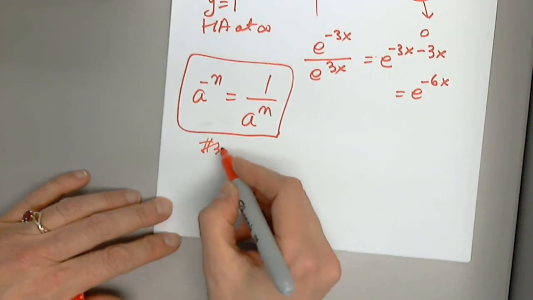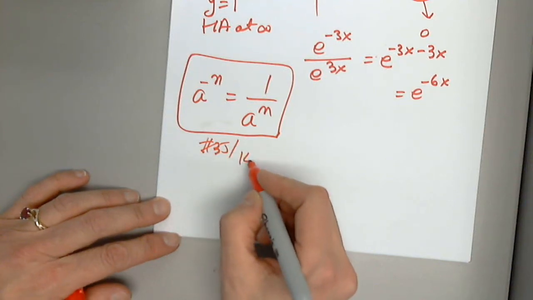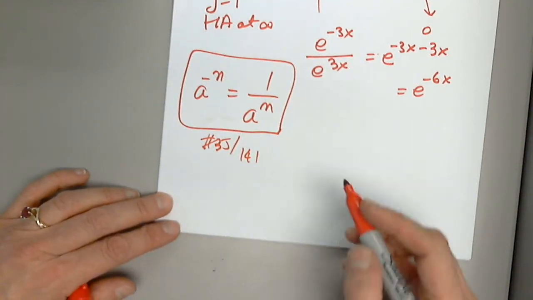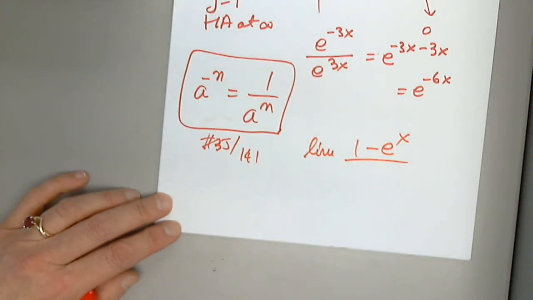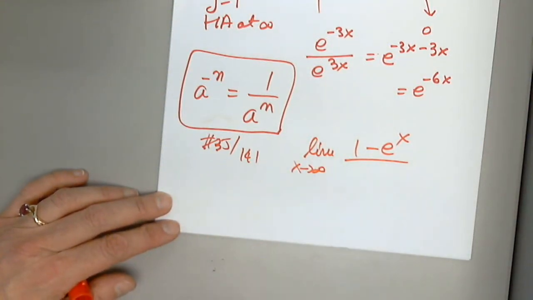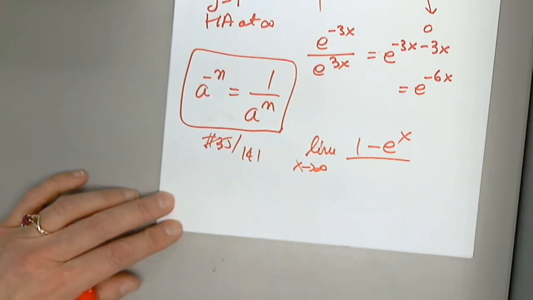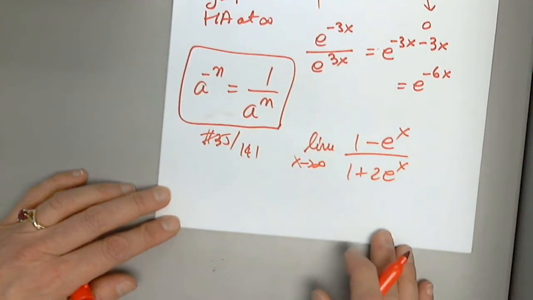So 35. On the same page, 141, we have the limit of 1 minus e to the x as x approaches infinity, and the denominator 1 plus 2 e to the x.